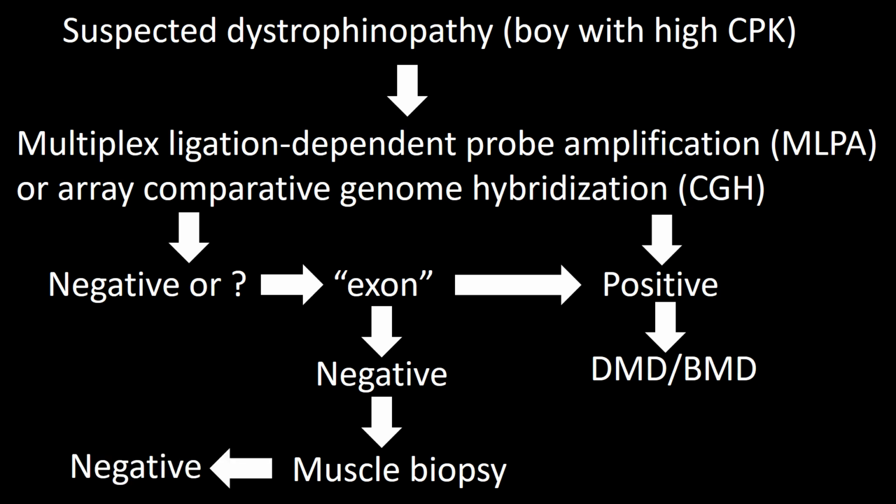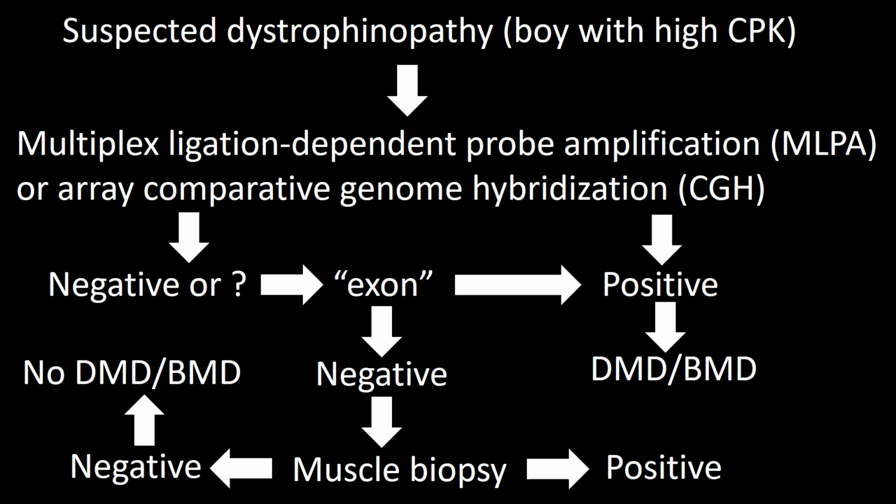If the biopsy is negative, the patient does not have DMD or BMD. If positive, the patient does have Duchenne muscular dystrophy or Becker muscular dystrophy. The point that I want to make here is that only a negative muscle biopsy in a patient suspected of having DMD or BMD excludes the diagnosis of these conditions.